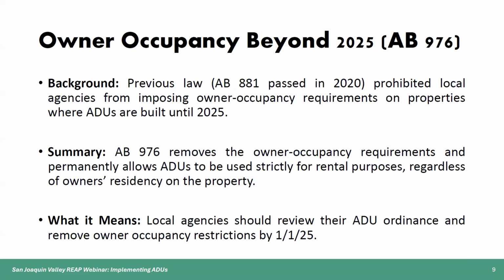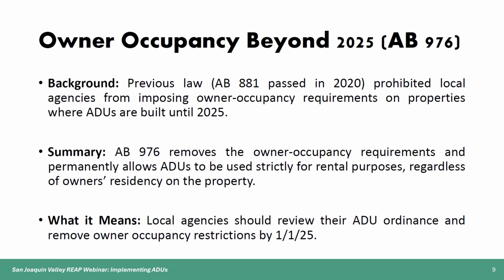The third bill is owner occupancy beyond 2025. So previous law, which I have cited there, prohibited local agencies from imposing owner occupancy requirements beyond 2020 or until 2025, and then something was going to change and local control would go into effect after 2025.